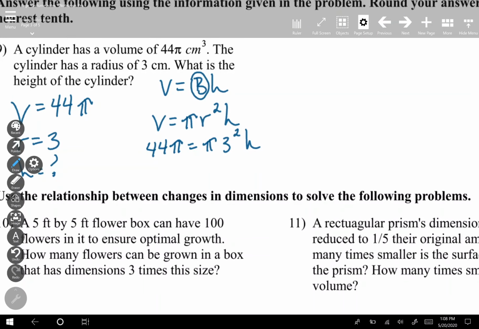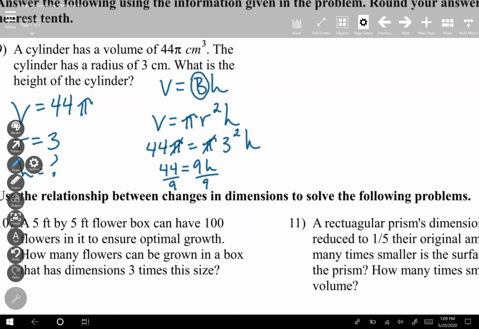So now I look and I see, okay, pi and pi, they can cancel. So I have 44 is equal to, and I'm going to actually evaluate 3 squared. 3 squared is 3 times 3, so it's 9, times h. So all I do to get h alone, just divide by 9.